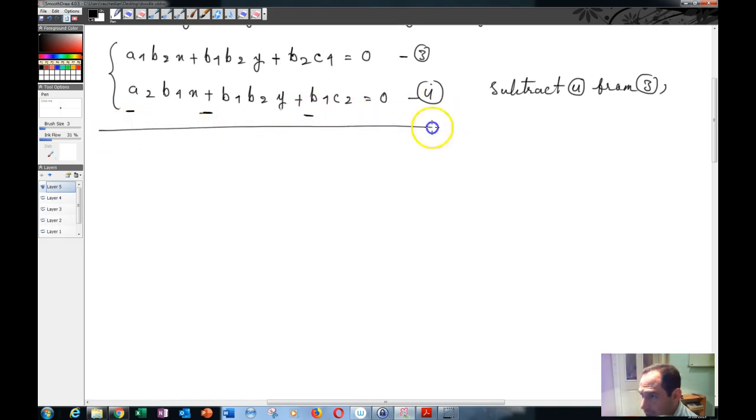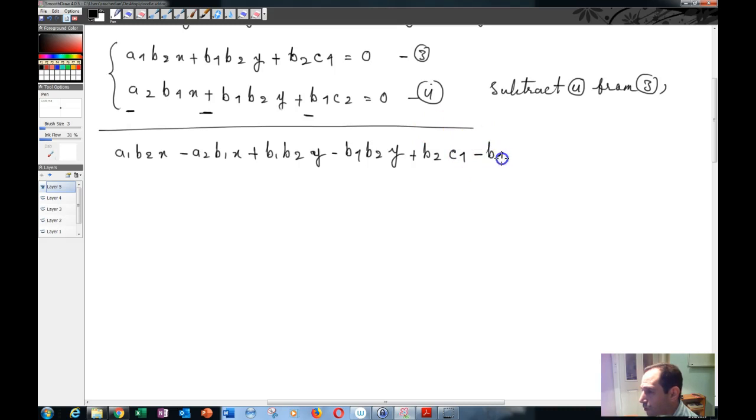So you would get a1 b2 times x minus a2 b1 times x, and then b1 b2 times y minus b1 b2 times y, plus b2 c1 minus b1 c2 is equal to 0.